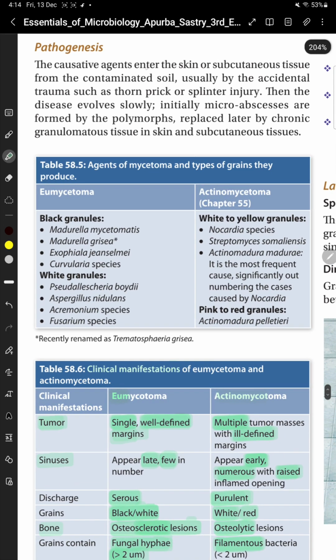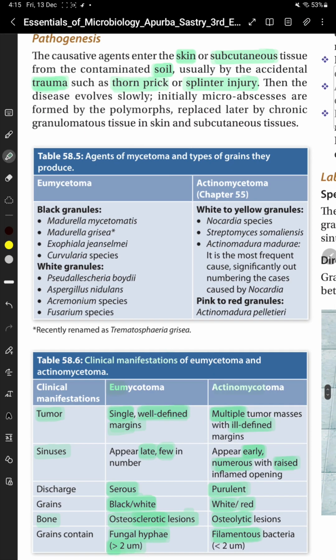Pathogenesis of mycetoma: the causative agent will enter the skin or subcutaneous tissue from contaminated soil, usually by accidental trauma, थॉर्न prick या splinter injury के कारण जो agent है that will enter the skin and subcutaneous tissue. Then the disease evolves slowly.